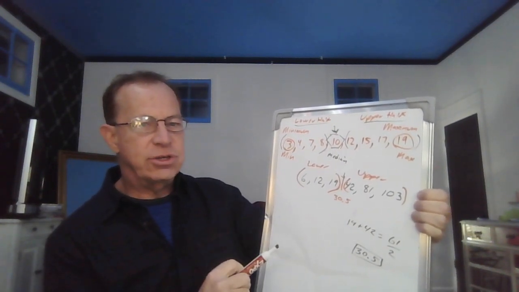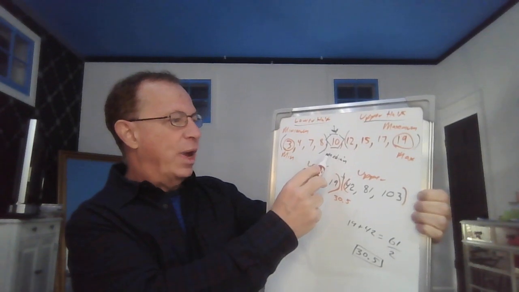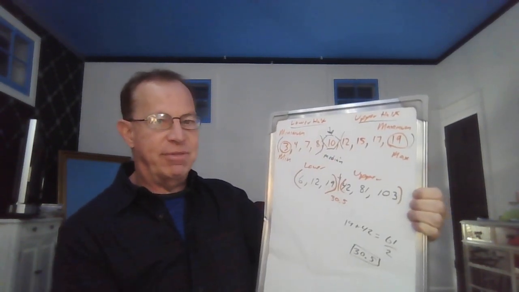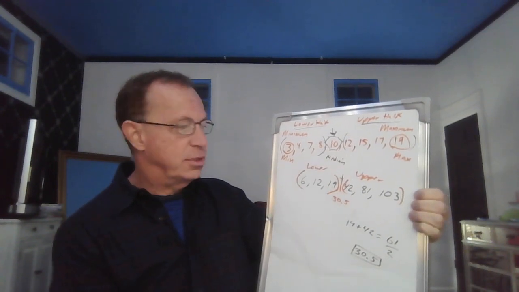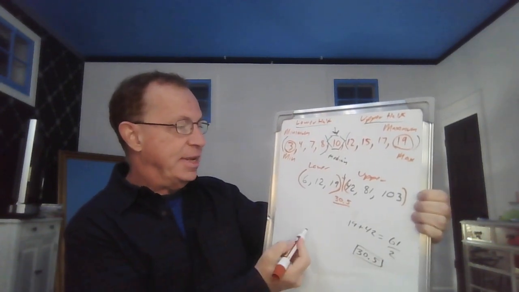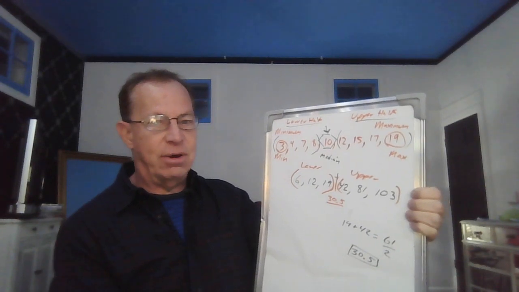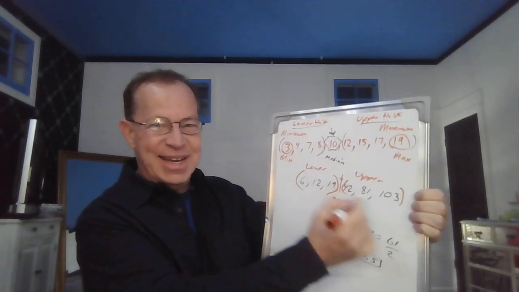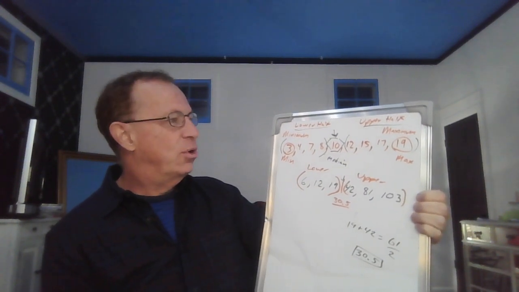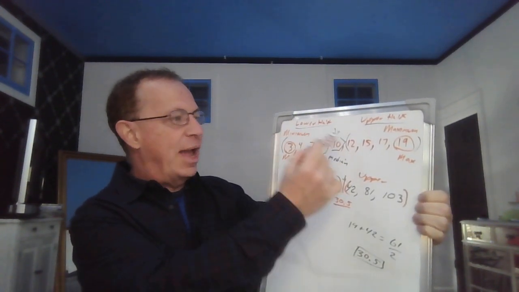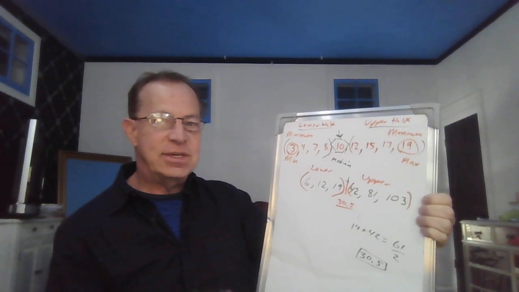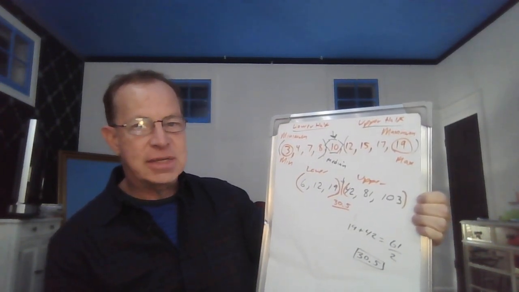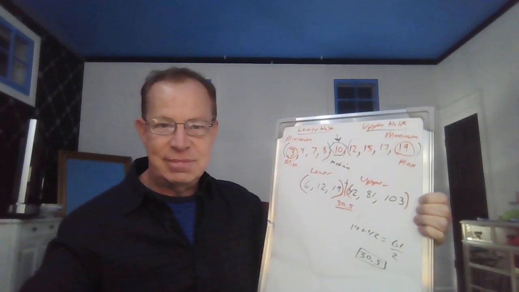So that little distinction, the median, when it is part of the data set, is left out of the lower half and upper half, and that's when you have an odd number of values. But in this case, the median isn't left out. It isn't left out because it isn't part of the data set, right? Does that make sense? So now you understand how to do the lower half and the upper half, and that will lead us on into our understanding of doing box plots, and that'll come next.